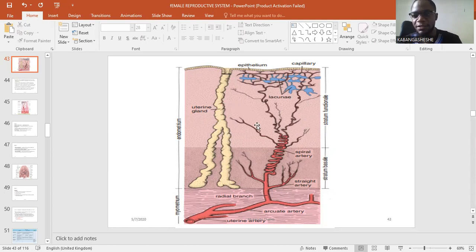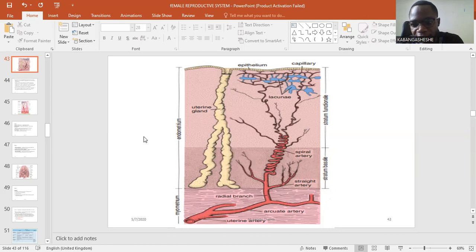So it becomes simple branched tubular glands, where they have more than one gland at the bottom. But in the early stages, it's just one duct, one gland. But in the late stages, it is one duct and multiple glands at the bottom there. Aside from that, the glands are well dilated during the secretory phase when the uterus is ready to receive the product of fertilization.